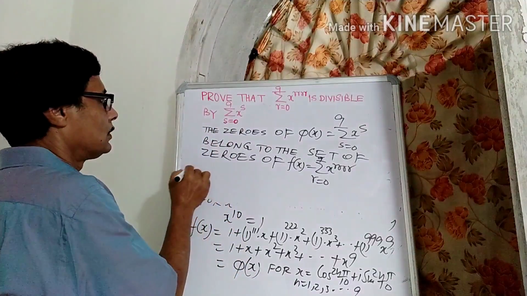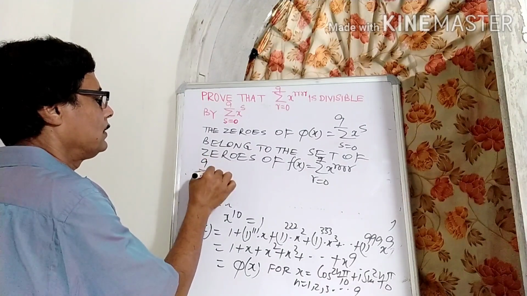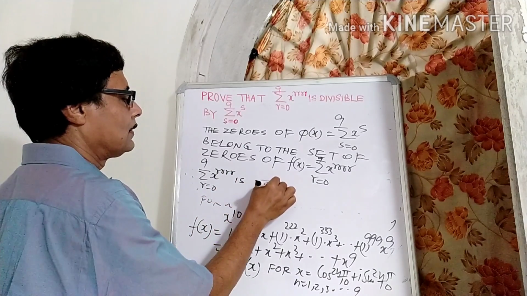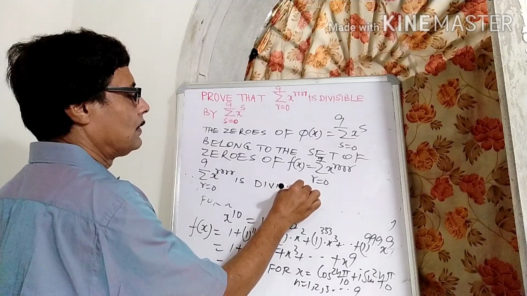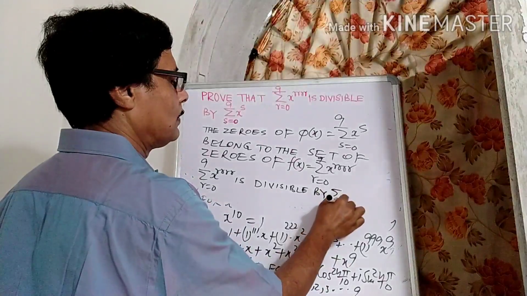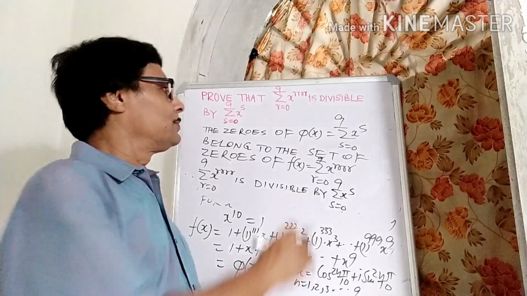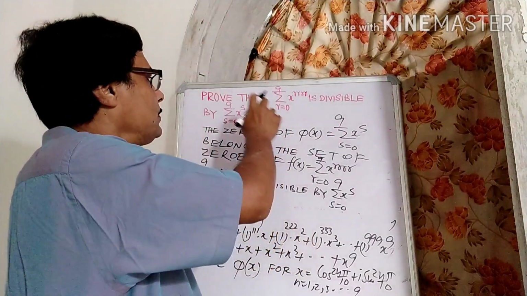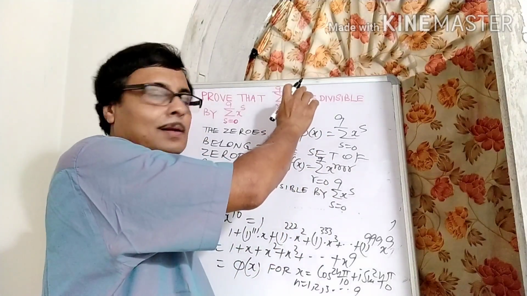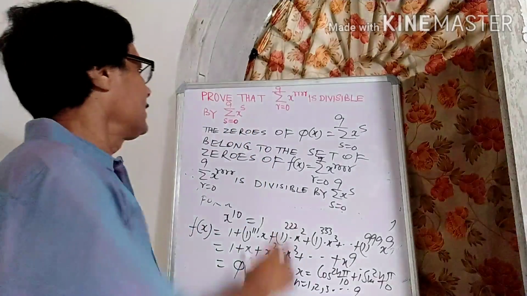So summation r equal to 0 to 9 x to the power r is divisible by summation s equal to 0 to 9 x to the power s. Thus we have proved this.